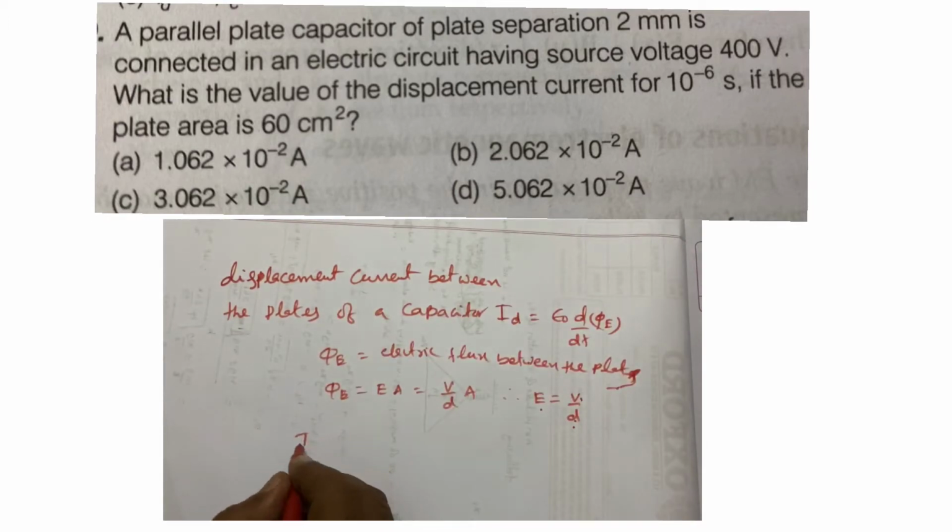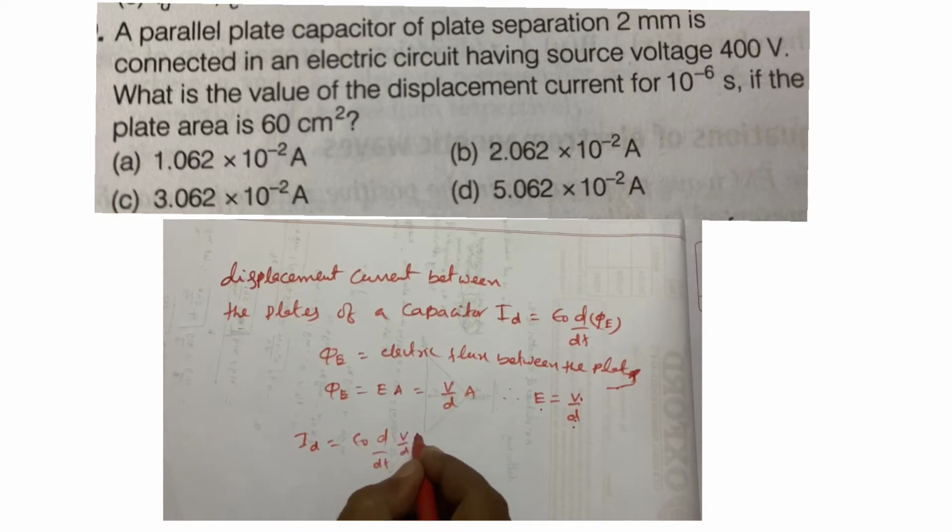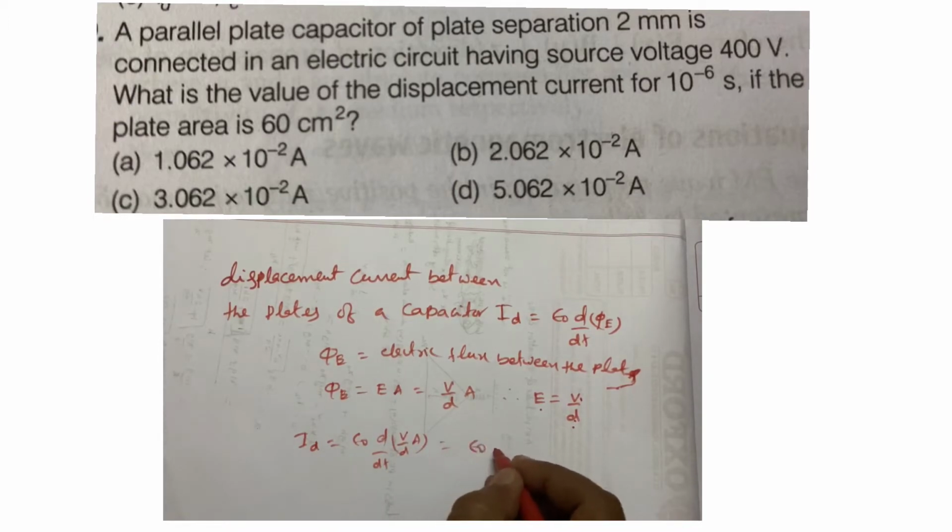So I_D equals epsilon naught d by dt of (V by d into A), which equals epsilon naught A by d into dV by dt.